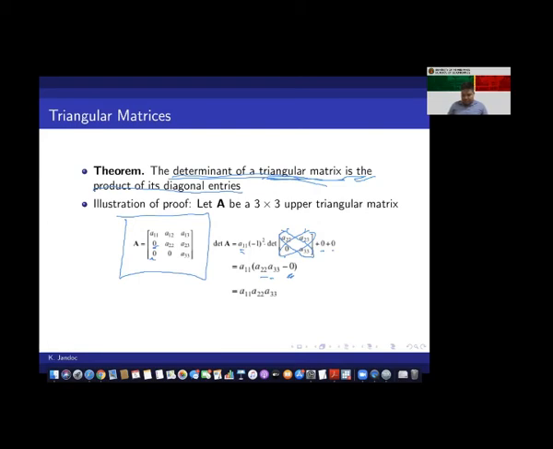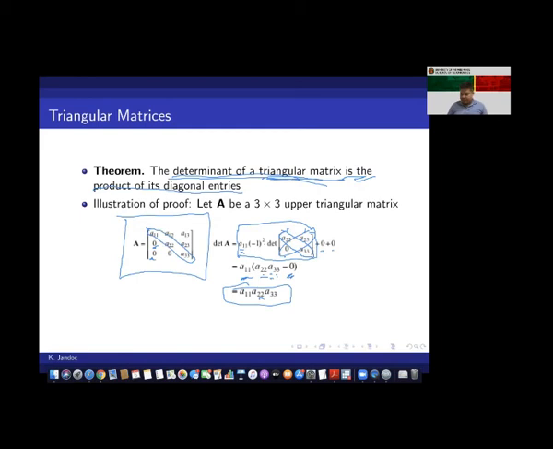Okay, so it all boils down to this number. It's A11 times this determinant. It's A22 times A33 minus 0. So it's A11 times A22 times A33. So what's this one? A11 times A22 times A33 is just the product of the entries in the diagonal.